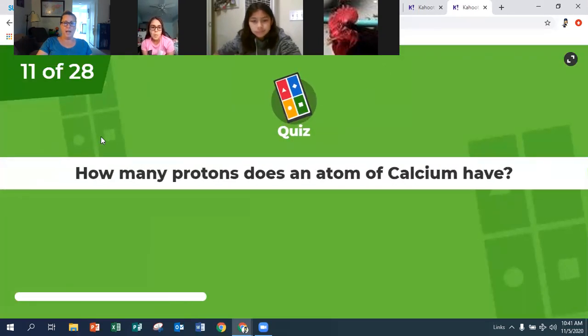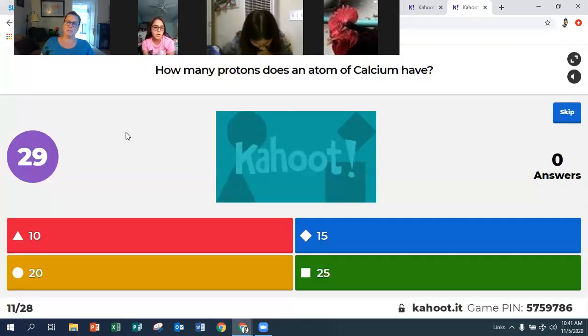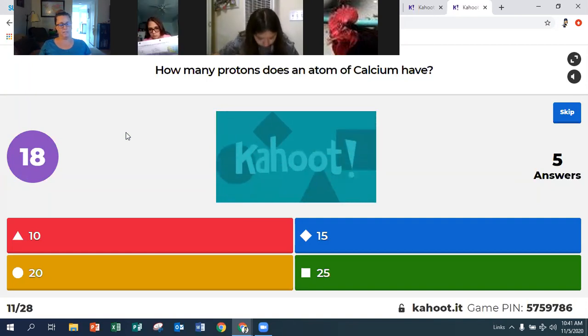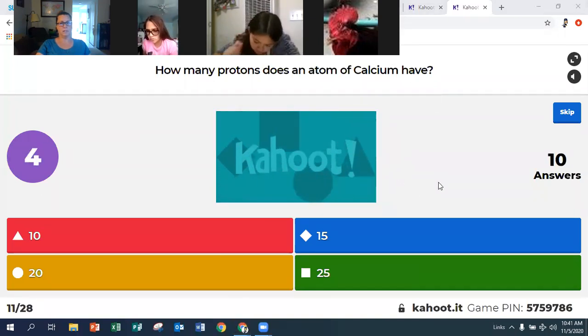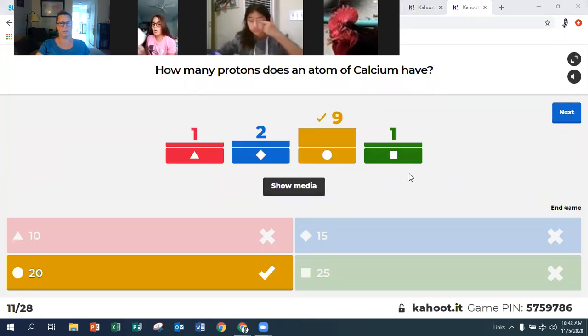Question 11. How many protons does an atom of calcium have? So now find your calcium again and tell me how many protons. Calcium is in period 4.